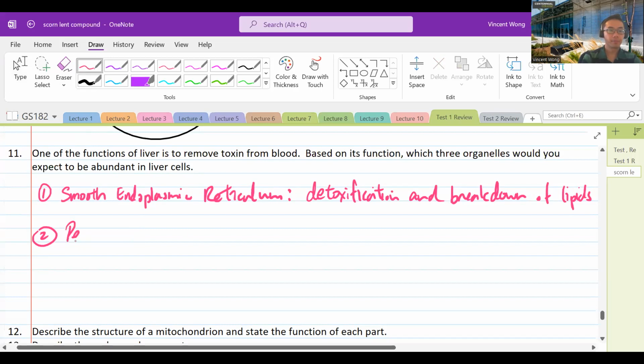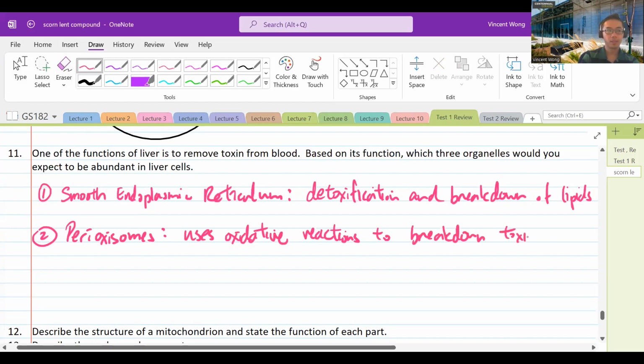Very good. Peroxisomes, which use oxidative reactions to break down toxins and other molecules.